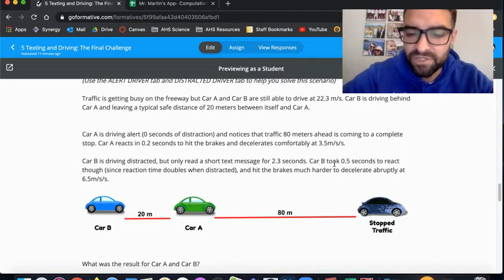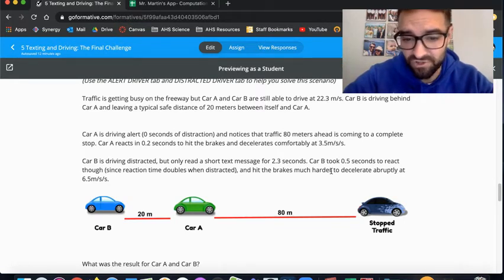Car B took half a second to react, though. If you remember back to our reaction data, reaction times tended to double if you were distracted. So since reaction time doubles when distracted, it took half a second. And it hit the brakes much harder, right?